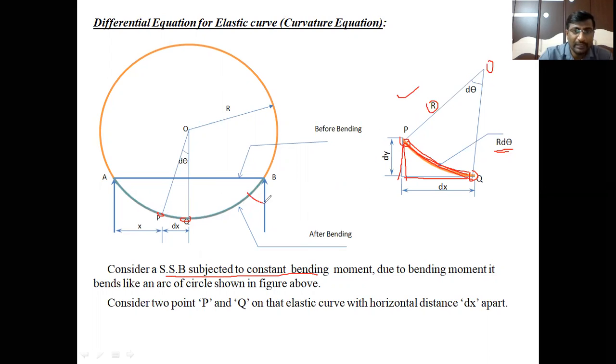By applying the load, a bending moment develops at the end points. Due to this constant bending moment, the beam bends like an arc of a circle. Consider two points P and Q on that elastic curve with horizontal distance dx apart.